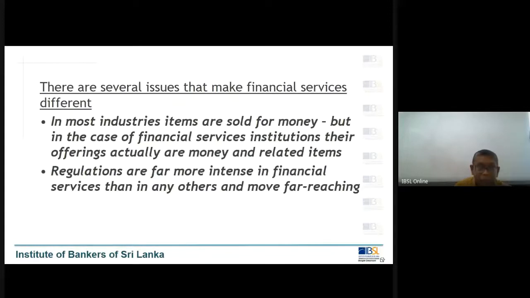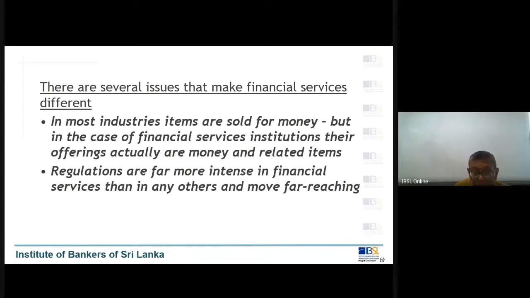Second point. When you compare it with other businesses, the regulations are not so intense as in financial services. Because we are dealing with other people's money, all these financial institutions need to be regulated very well. Despite many regulations, still some of our financial institutions play a role.